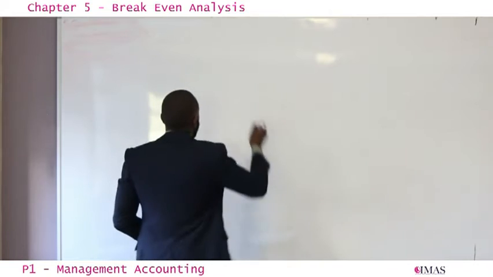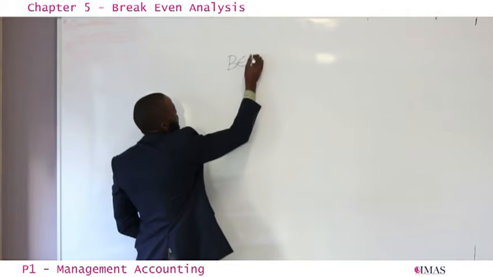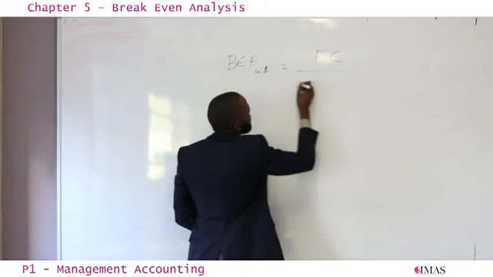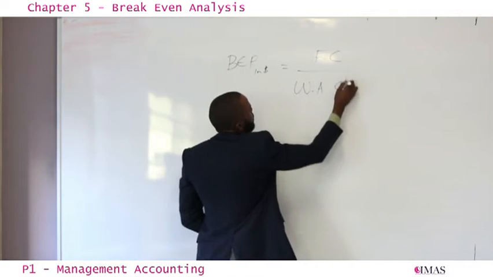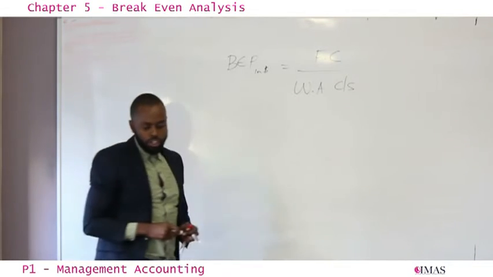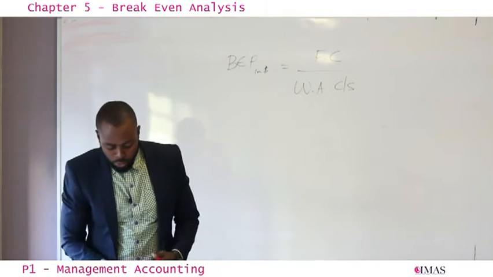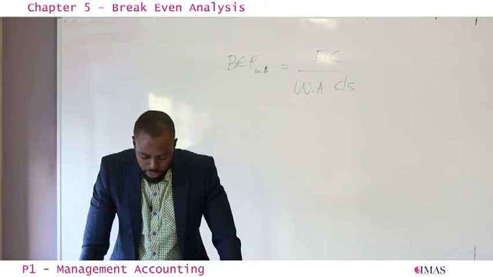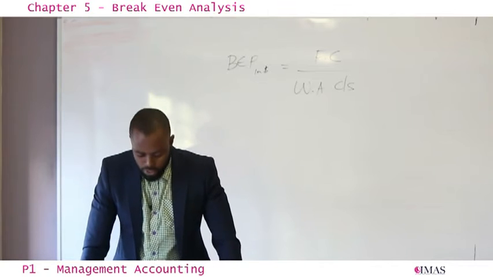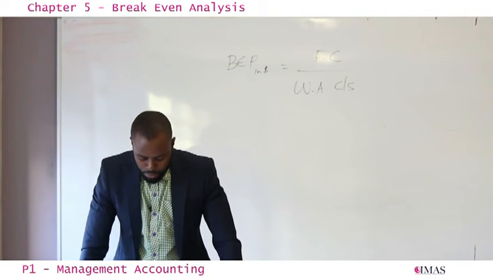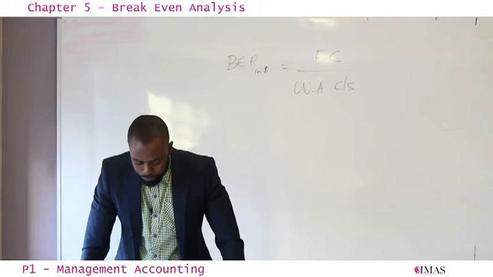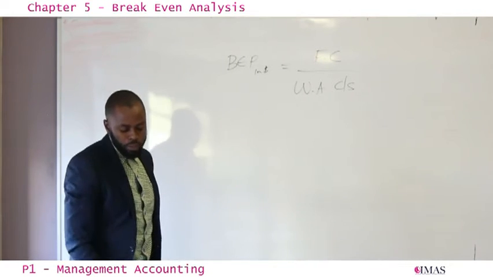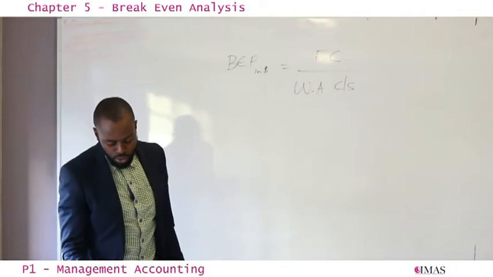So we know for multi-products, our break-even point in dollars is going to be equal to fixed cost divided by weighted average contribution to sales ratio. The question says, XYZ company sells 3 products. Product X has a contribution to sales ratio of 40, product Y has 30, product Z has 35. The monthly fixed cost is 200,000. And the products are sold in the ratio of 3:7:5.